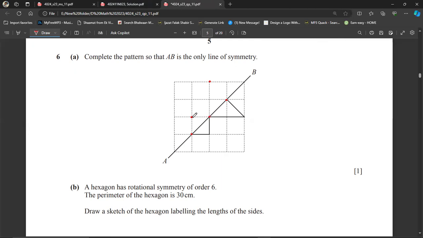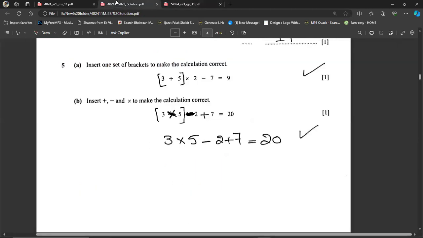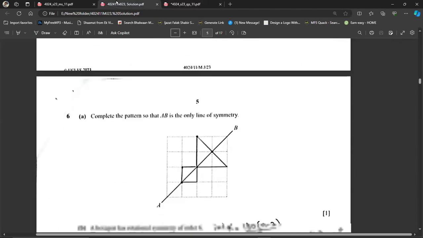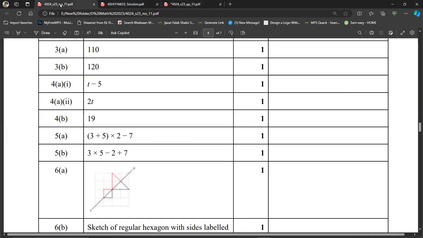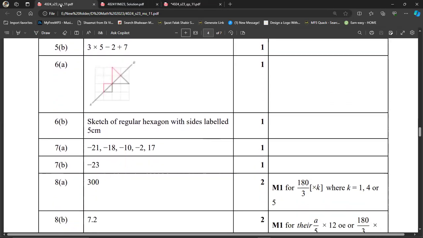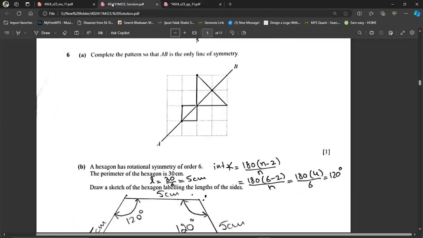Then go like this. This point is here. Let me show you the solution. Can you see? This is how you will make this question number 6A part. You can see the marking scheme. This is the solution.